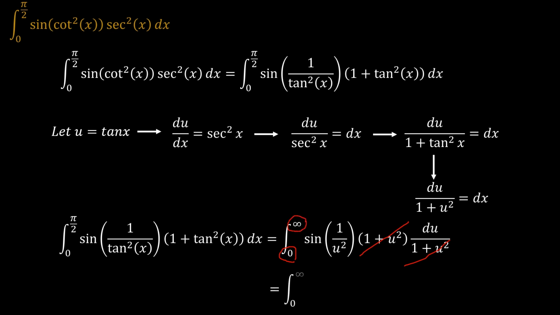So essentially we are left with an integral from u equals 0 to u tending to infinity of sine of 1 over u squared. Very, very interesting problem. So this is where now things begin to become a little bit interesting.